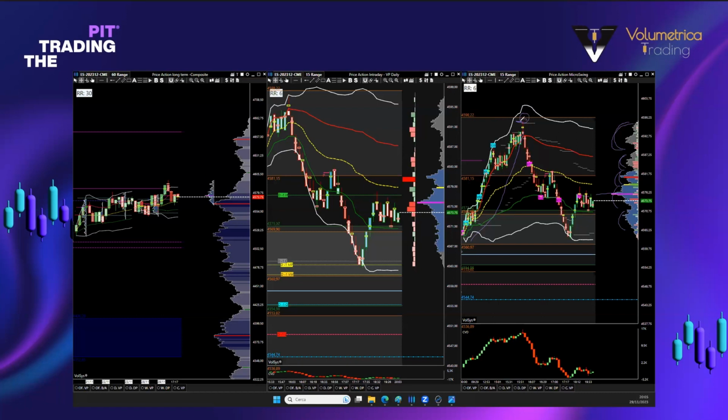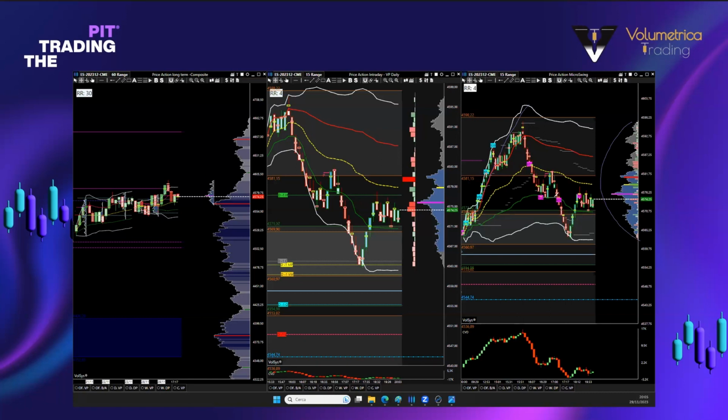It slightly missed it by a couple ticks, basically 1 point, and then started retracing back. In this case, that means that all of the trending structure was rebalanced. And in fact, it is what we are expecting for the rest of the session today.